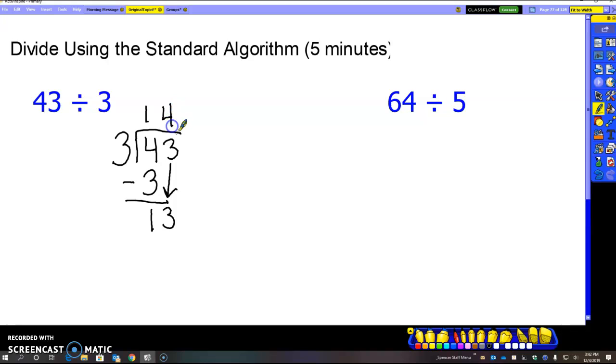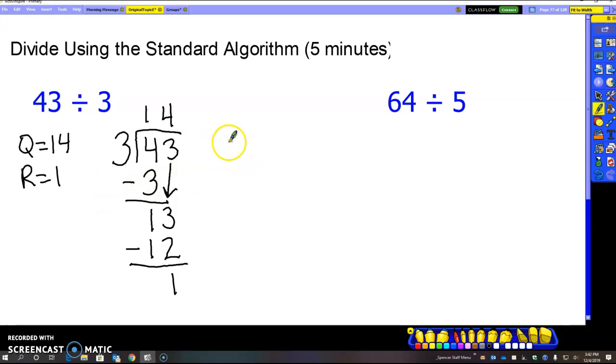So 4 goes in my quotient. 3 times 4 gets me 12. That's as close as I can get, and that leaves me with a remainder of 1. So I've figured out that my quotient is 14 and my remainder is 1.